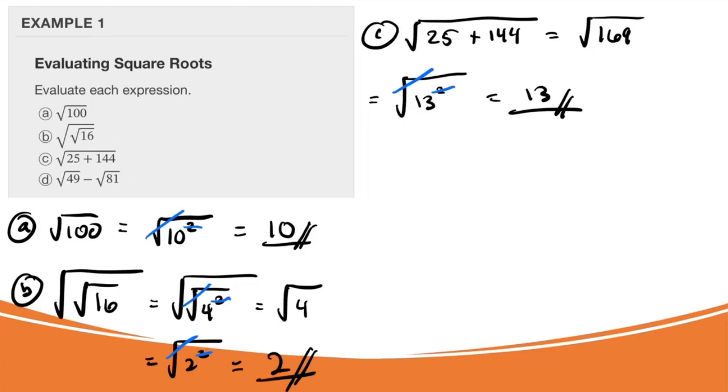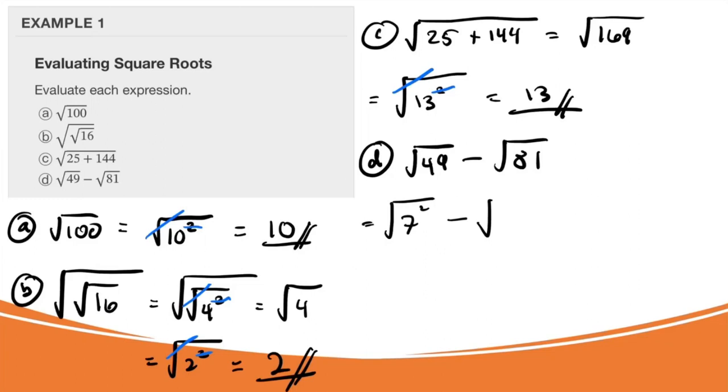Okay? All right. And then for part D, we have the square root of 49 minus the square root of 81. We can work each square root individually and then subtract our answers. Notice that 49 is a perfect square, so we got lucky with these. 49 is 7 squared. 81 is 9 squared.